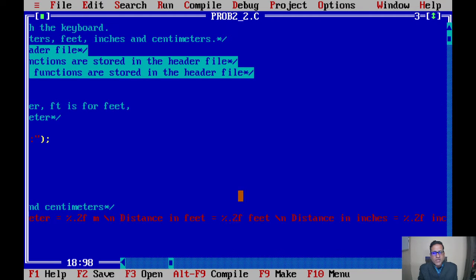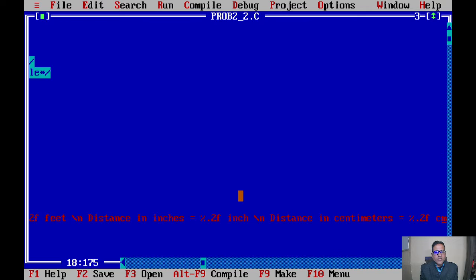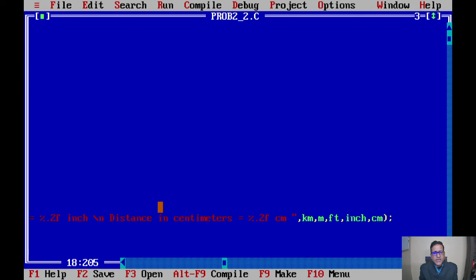The .2 is for the decimal places. Likewise here you can see the distance in inches, again \n, distance in centimeters, again .2 for the decimal places. And here we have to write the variables which we have taken: km, m, ft, inch and cm.